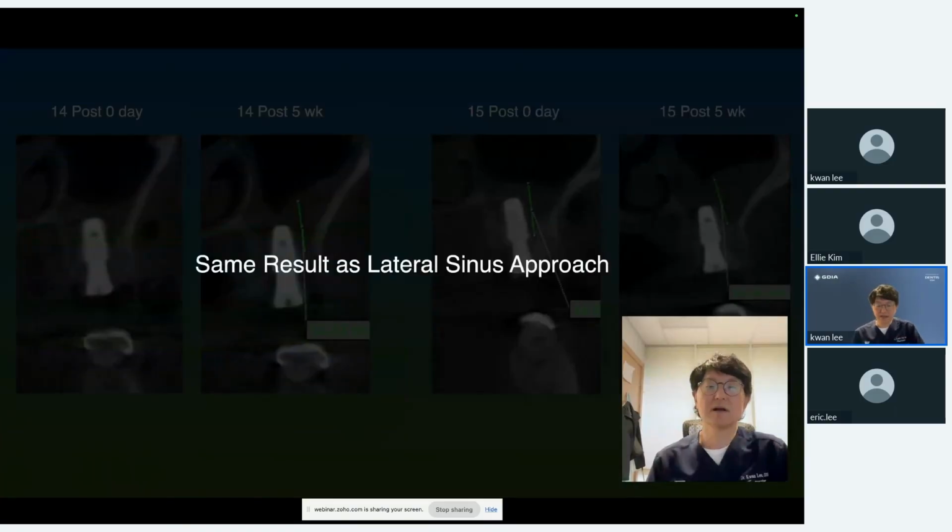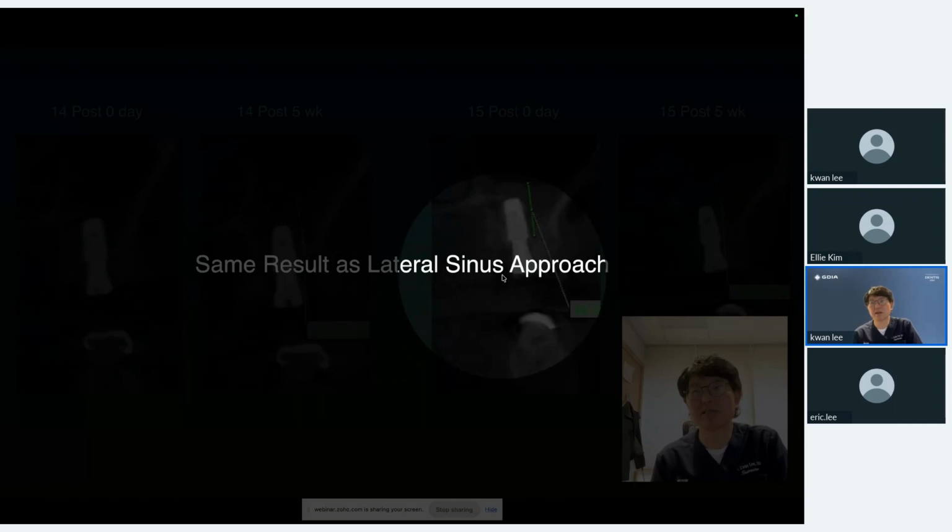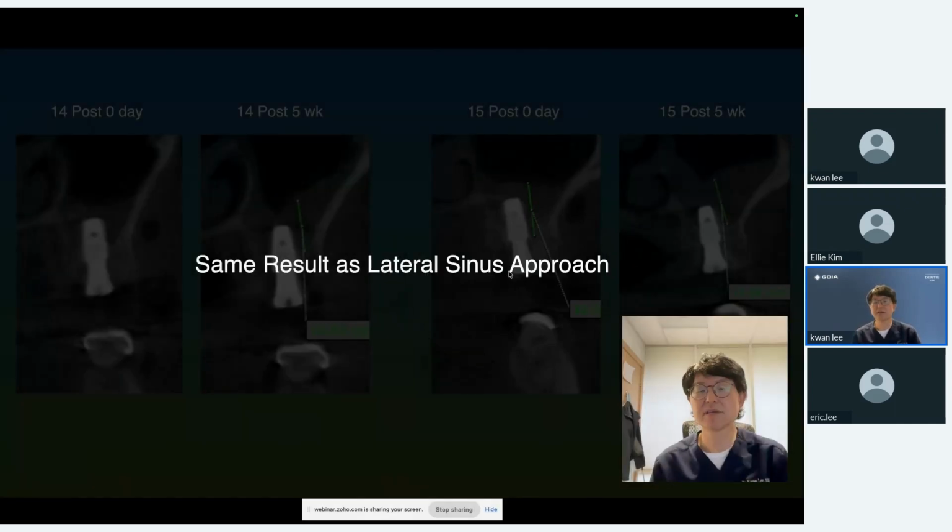So again, my point is the same results as a lateral sinus approach. Can I handle it as a lateral sinus case? Minimum residual bone height, and you have to elevate the Schneiderian membrane way up there in order to deliver the proper size of the implant. Then can I do it crestally? Many times very unpredictable. I've been there, I tried it, and boom, one time perforation, air comes out.